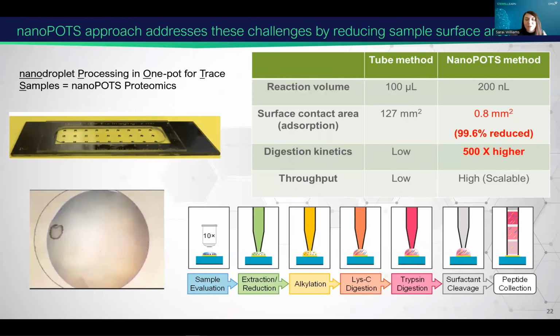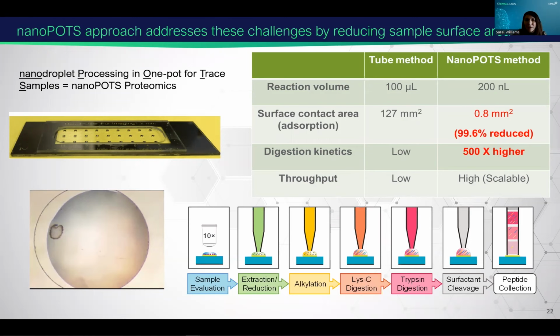Moreover, despite reducing the sample surface area, we are increasing the reaction volume. If you look at this table, using an Eppendorf tube method, your reaction volume is around 100 microliters, but using nanoPOTs, we're injecting 200 nanoliters, right? That's the most those wells can hold.